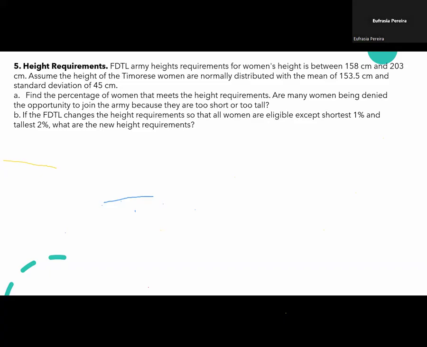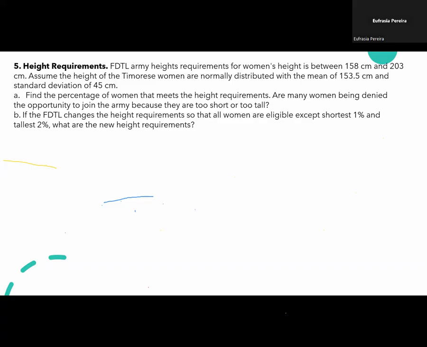Assume that the height of Timorese women is normally distributed with a mean of 153.5 centimeters and a standard deviation of 45 centimeters.